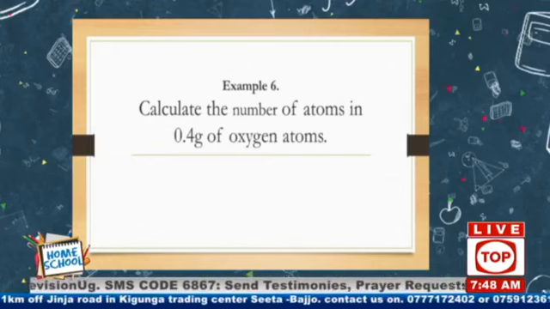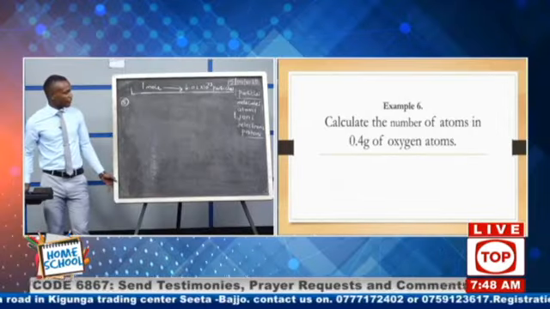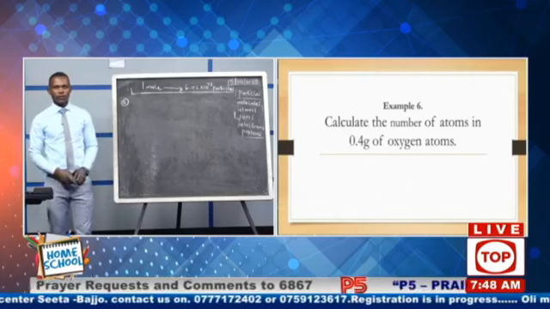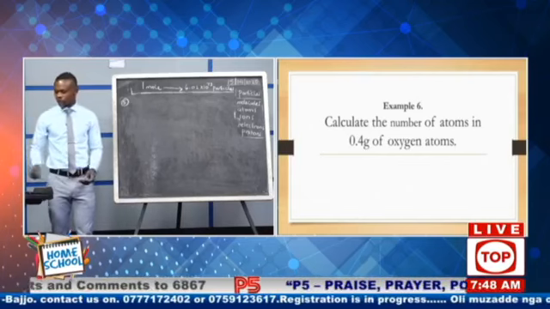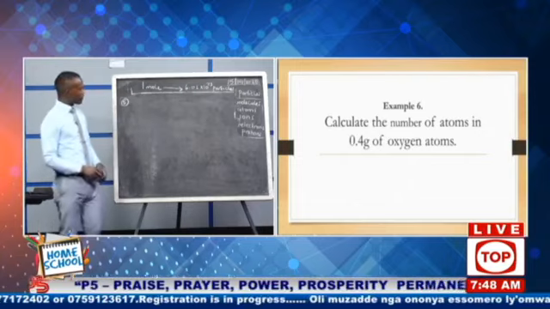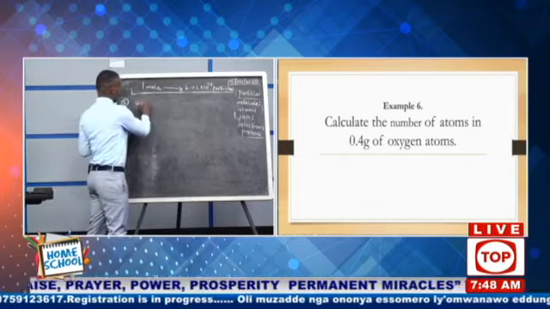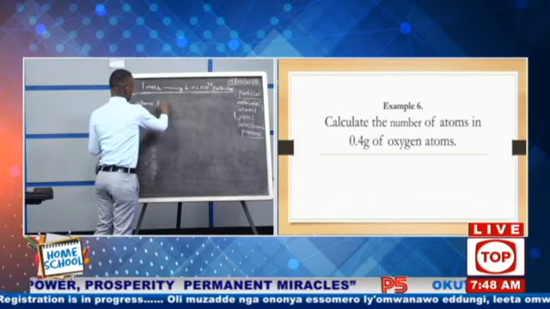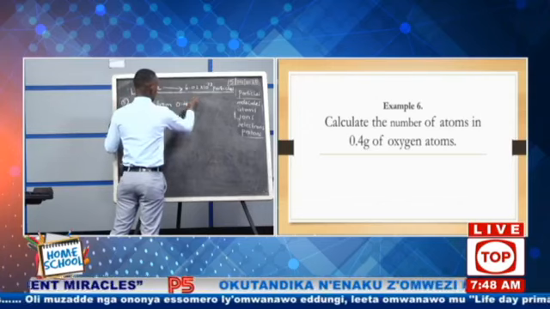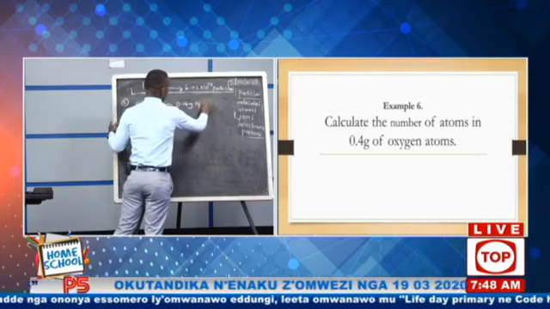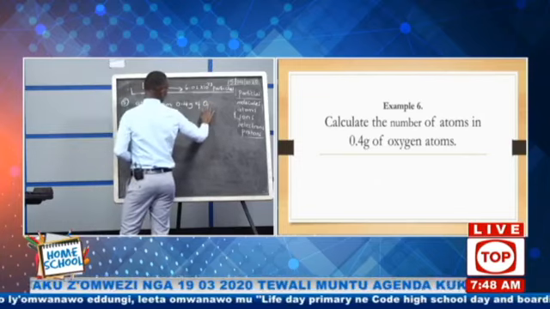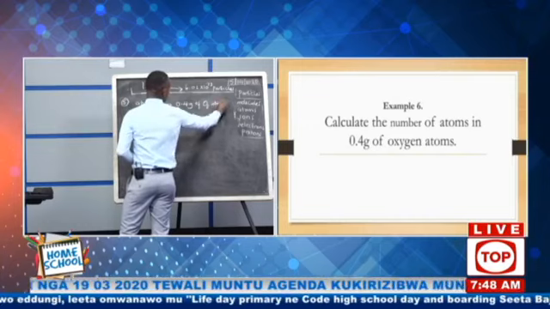Right. So the question is calculating the number of particles from a given mass. And our question is specific. We are saying calculate the number of atoms from 0.4 grams of oxygen atoms.